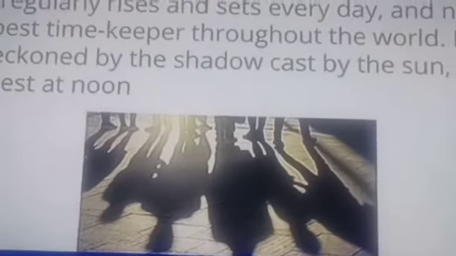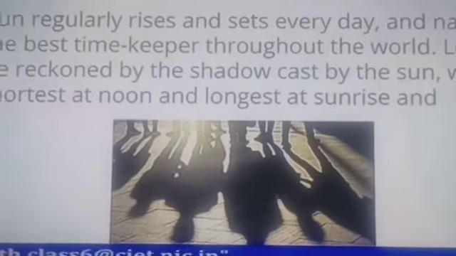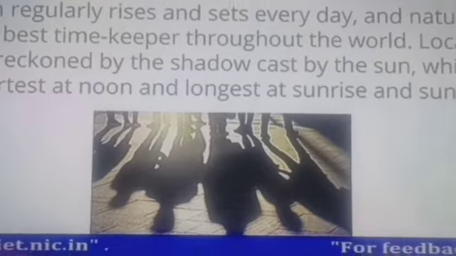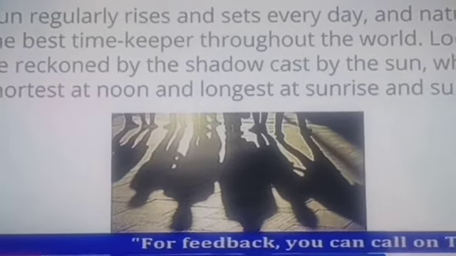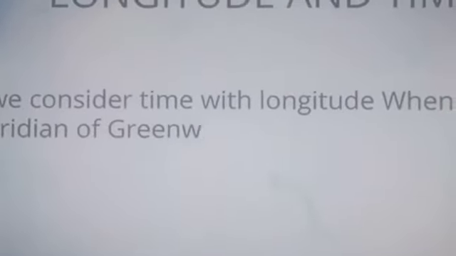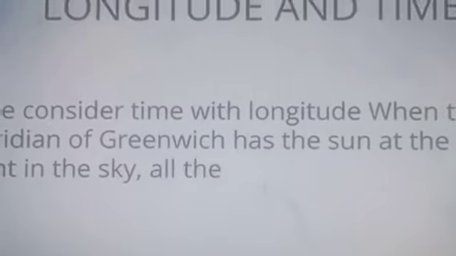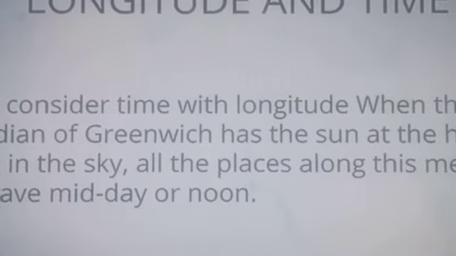The shadow of the sun is shortest at noon and longest at sunrise and sunset. If we consider time with longitude, when the prime meridian of Greenwich has the sun at the highest point in the sky, all the places along this meridian will have midday or noon.